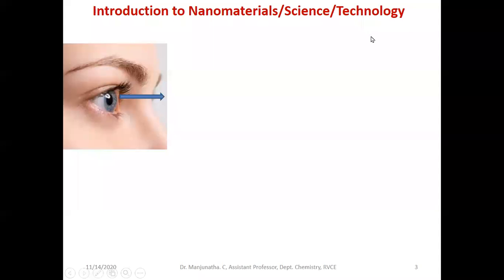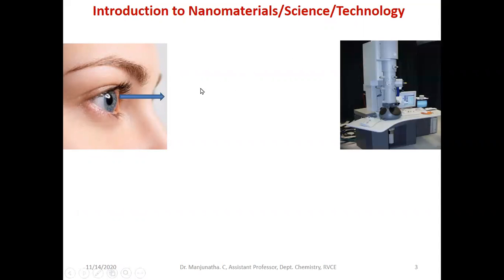So what are nanomaterials? How are they different from macro particles or bulk materials? Through the naked eye, can you see something here? We can't see anything here. It's just a plain sheet of paper.